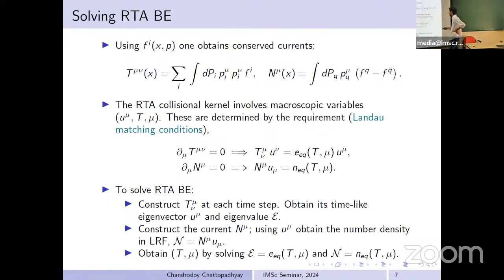From that time-like eigenvector, we obtain the charge density in the rest frame, and then we match it to a hypothetical equilibrium state to obtain the temperature and chemical potential. I must state here that although I use symbols like T and mu, these should be thought of as pseudo temperature and pseudo chemical potential, because they are defined in states which may be far from equilibrium through these matching conditions.